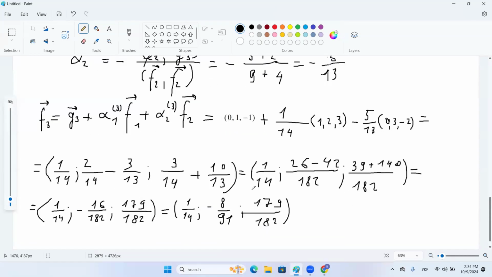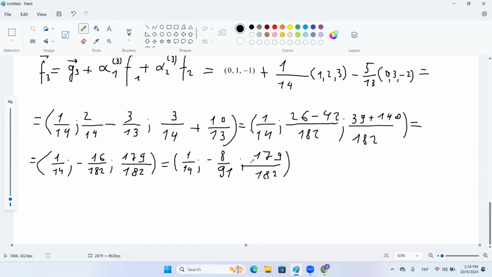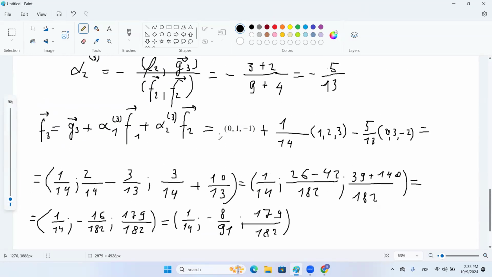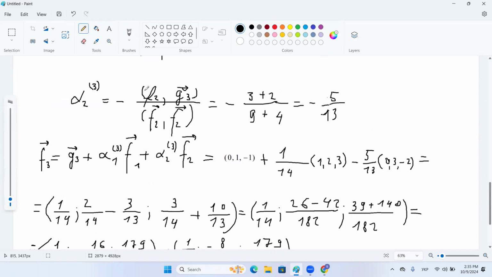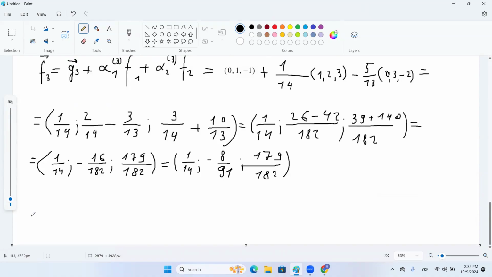So now what we have to do, we need to verify that this basis is orthonormal. Firstly, that vectors f1, f2, and f3 are orthogonal. It means that we need to multiply them one by each other. So f1 multiplied by f2. Let's multiply.